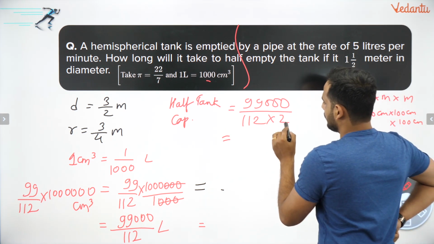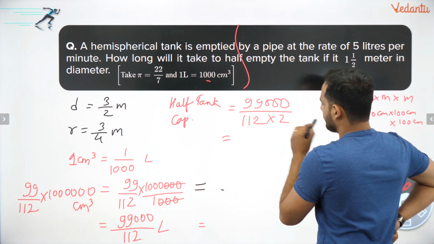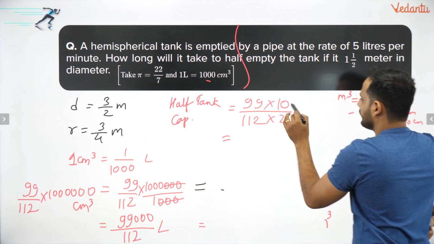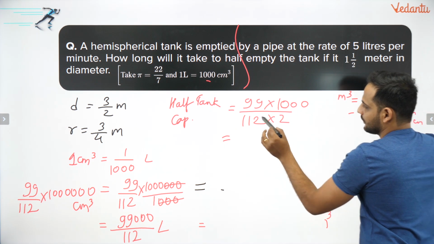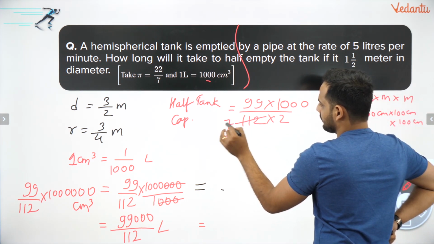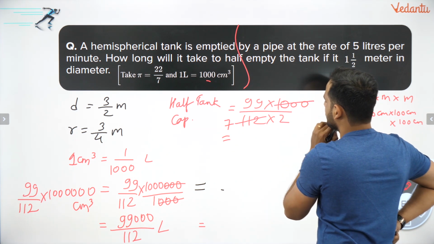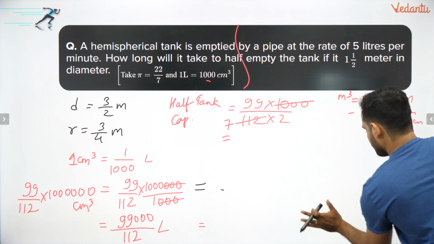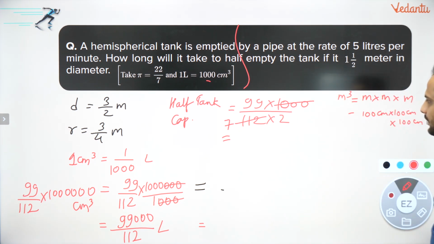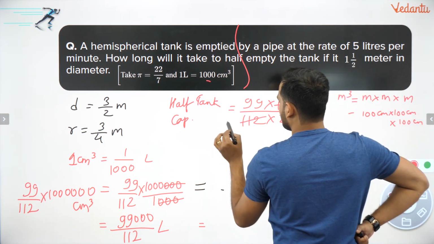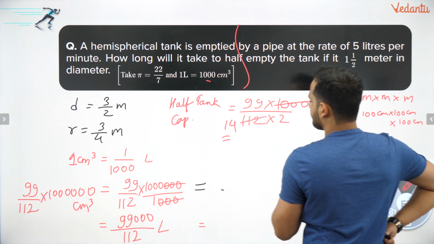This will become 99 into 112, so let's write it as 99 into 1000. 16 sevens are 112, so 7 times 16 will divide this. Will 16 divide it, or 8? I think 8 will divide. So we will write this as 14 only.